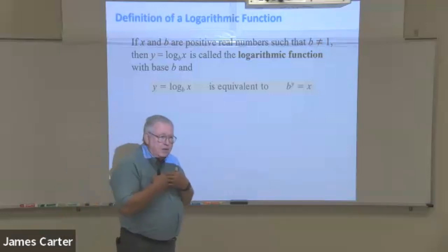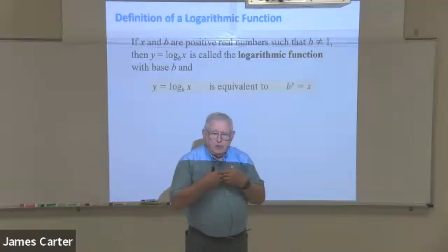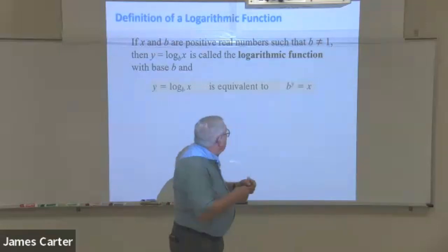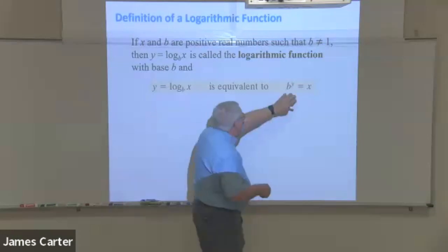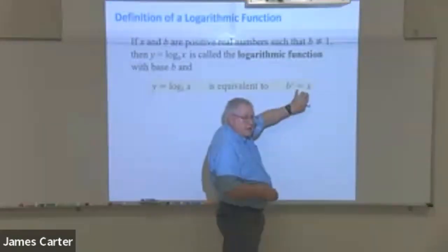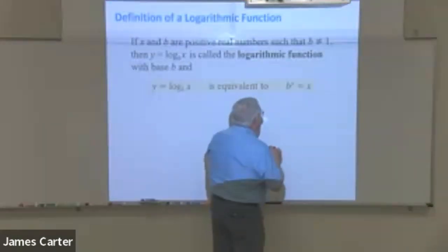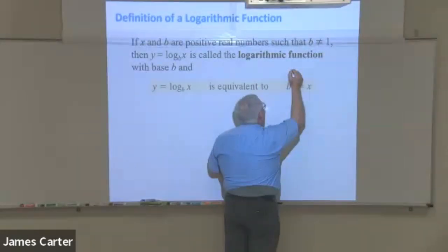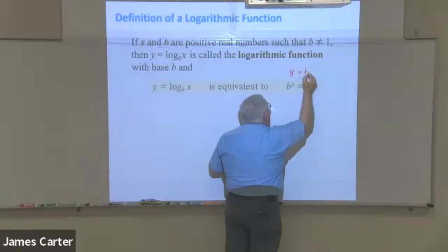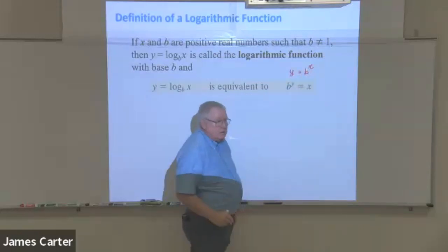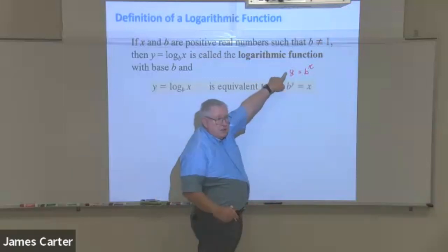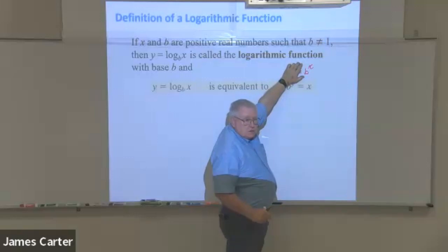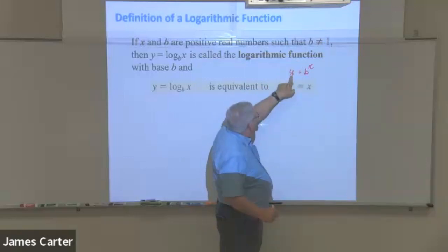I said a moment ago that logarithms are inverses. If this logarithm means the same thing as that, what we've been doing so far is y equals b to the x. That's what we've been doing up to this point for our exponentials. What did we do here?